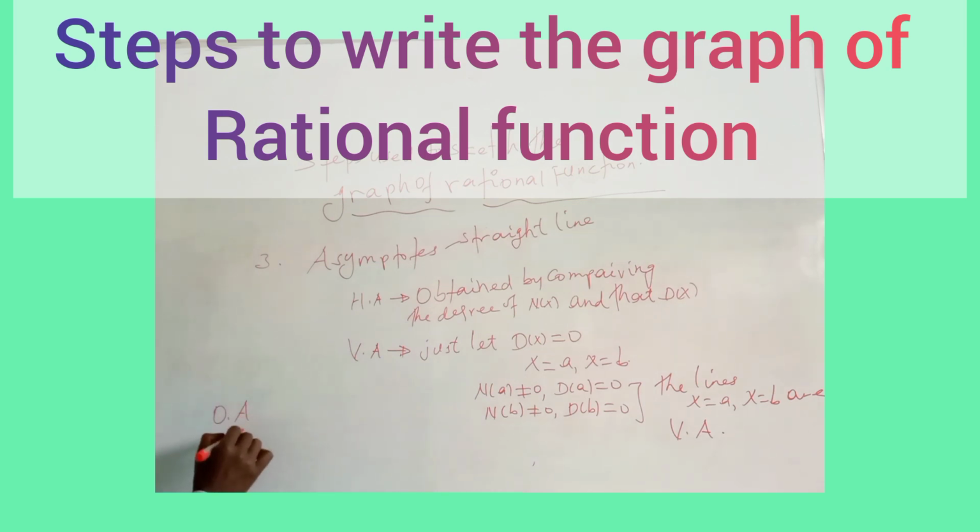Oblique asymptote is obtained just by comparing the degree of the numerator to the degree of the denominator.